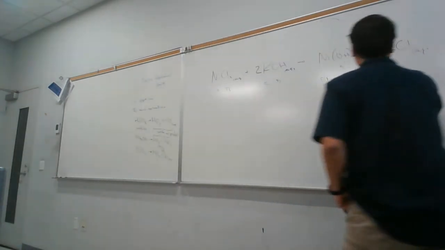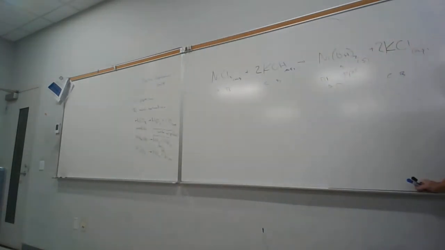So we have a driving force. All we need is 1 out of the 3, and then we're okay. But what was the third one? Did I write the third one up there? No. So let's write the third one over here. The third driving force is going from a stronger acid on the reactant side to a weaker acid.